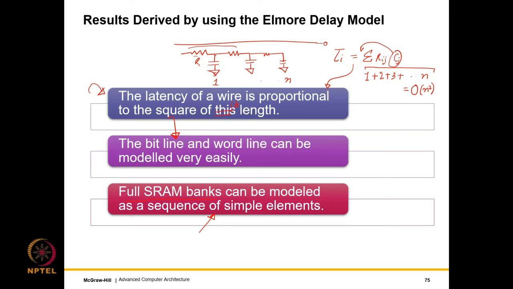And this analysis will also help us find the power, in the sense that once we know the time, we will know the individual transitions, so we can model the power as well, and it will be extremely easy to quickly model a large SRAM.